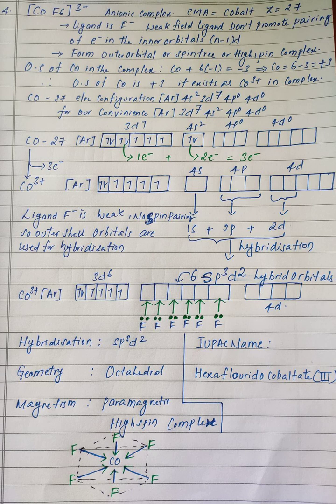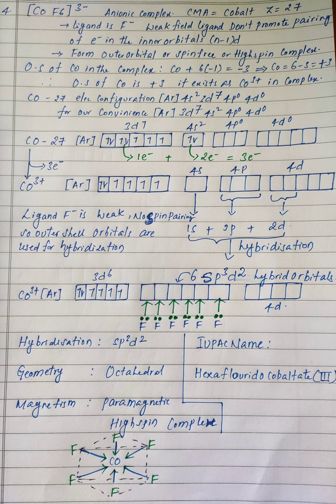The next step is finding the oxidation number of the central metal ion, cobalt. Here cobalt is linked with 6 fluoride ions. Each fluoride ion has a single negative charge. So it will be cobalt plus 6 into minus 1, which is equal to the overall charge of the complex, minus 3.